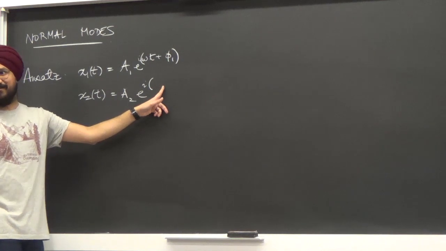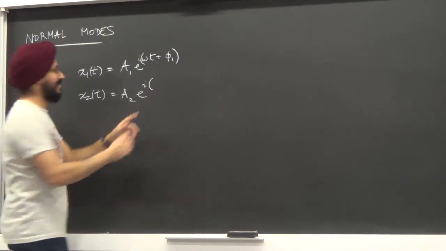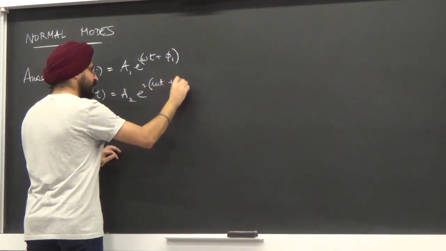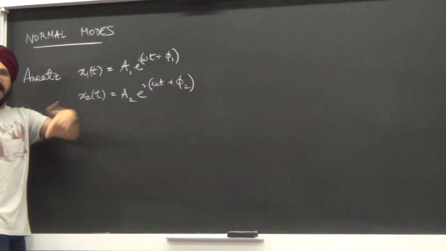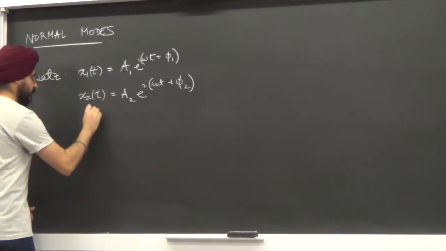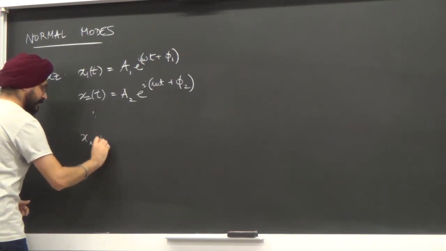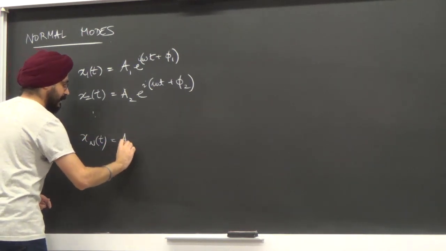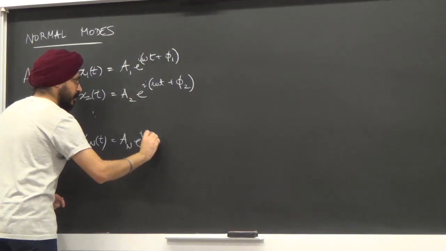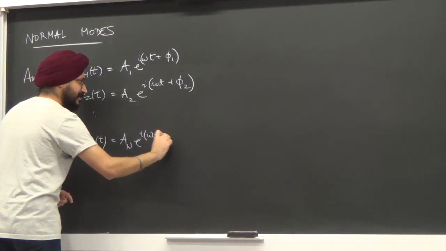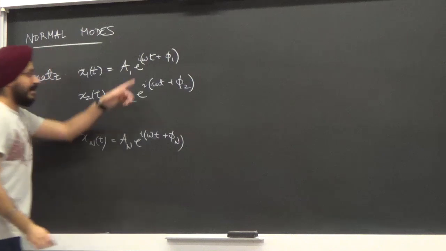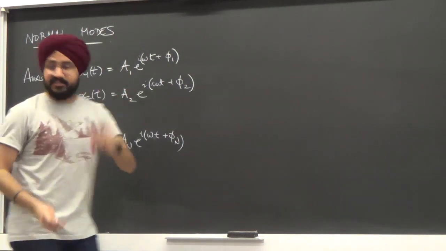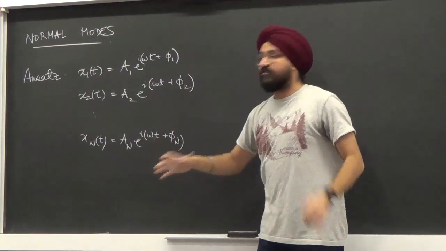The same omega, that's the point, you've got to remember that. Omega t, plus some different phase maybe. But the angular speed is omega. So on, xn as a function of time is also an e to the i, same omega, t plus phi n. So my ansatz, the key crux, is the same frequency which I want to find.